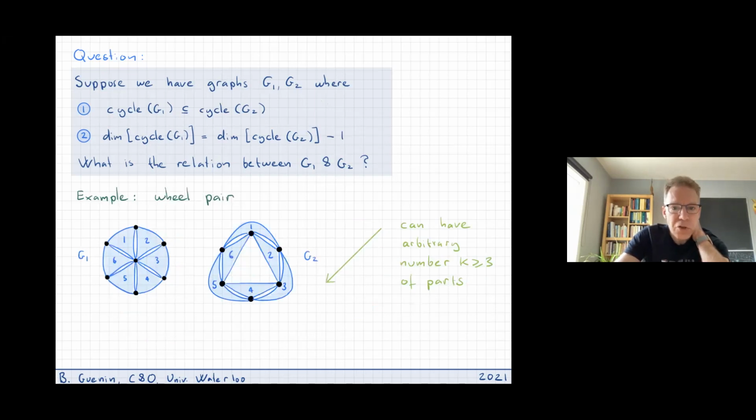So you can do a construction that looks something like this, and I haven't completely described it, but you start off with a wheel, and then you just fill up every little triangle in your wheel by some arbitrary graph. Then essentially you can reshuffle every one of those little triangles there to get a structure like G2.